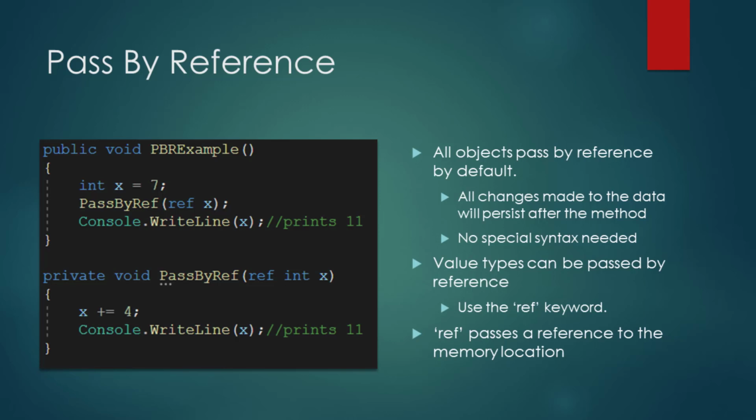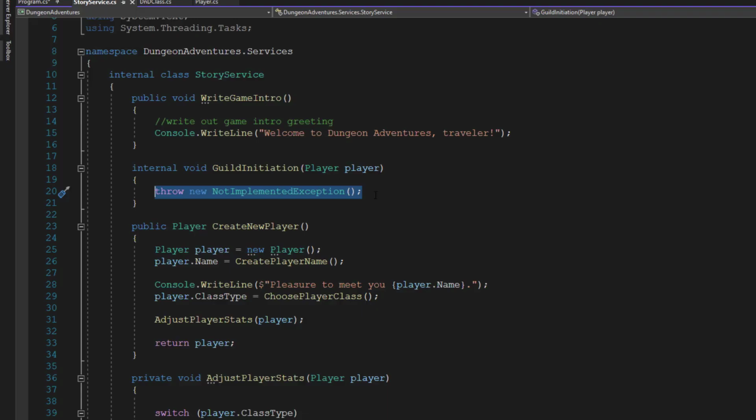If you find yourself having to pass many primitive data types with the ref keyword, perhaps it would be better to build up an object and group all of that data together. When passing by reference, you need to be careful that you don't overwrite the object reference unintentionally. For example, in my guild initiation method, if I wrote player equals new Player, what I've done is change the reference location for this variable.